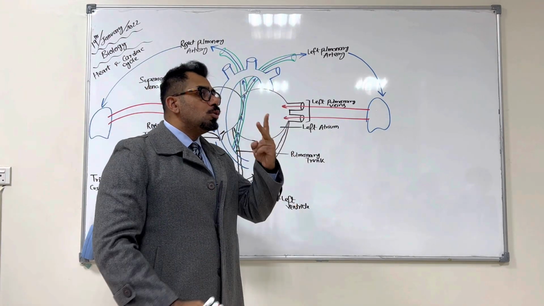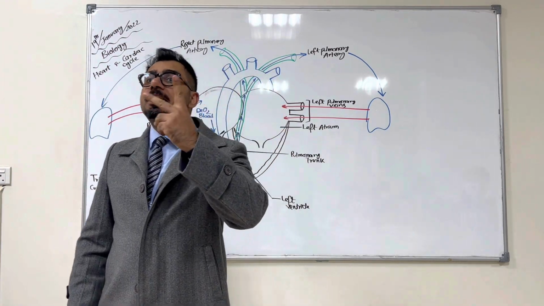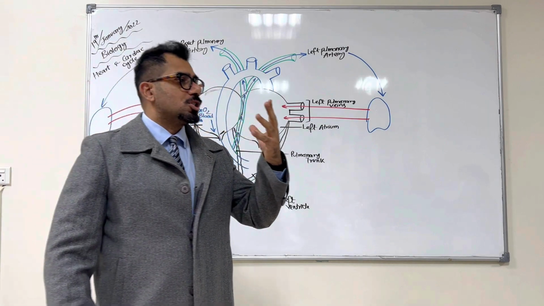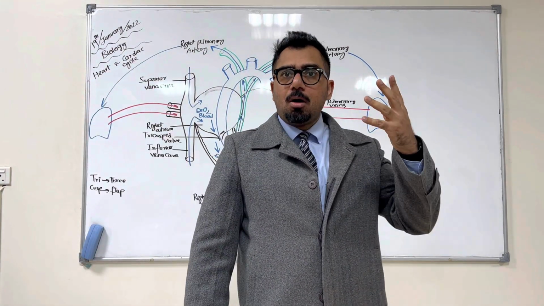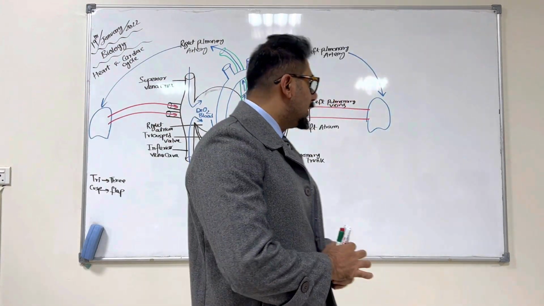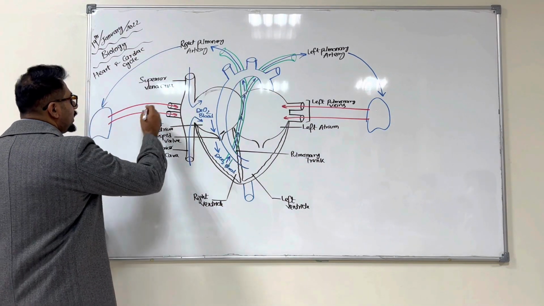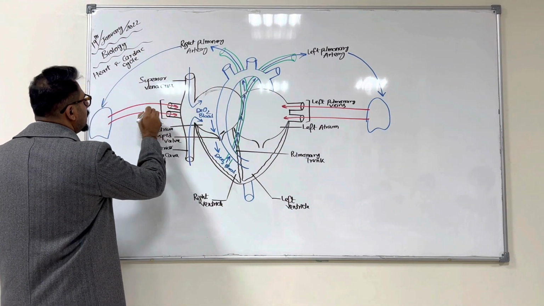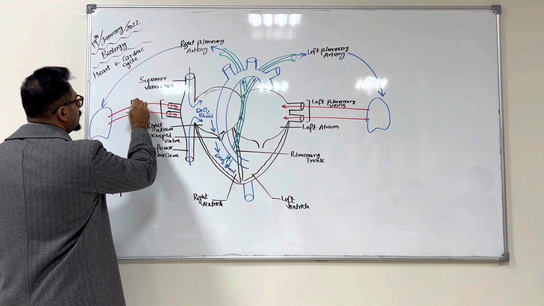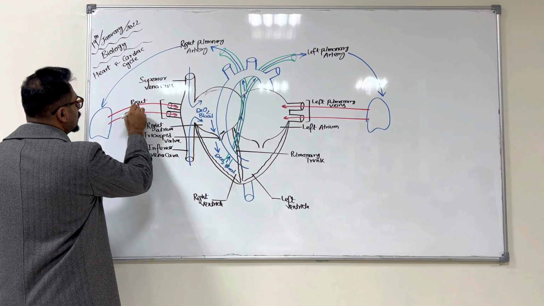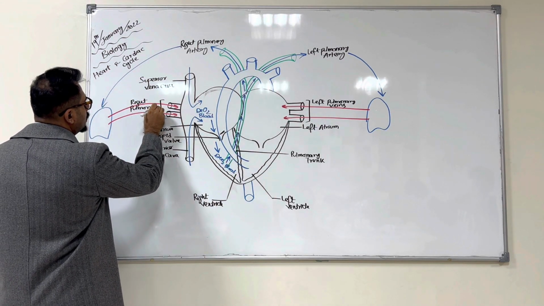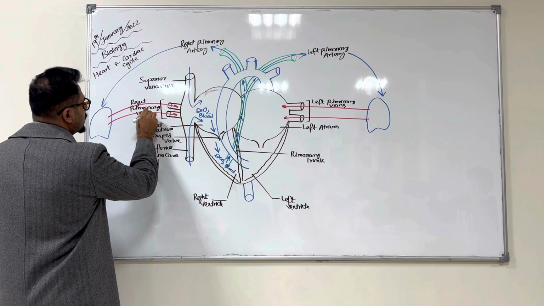Same, 2 blood vessels come out from each lung, which have oxygenated blood. Right? So this one over here, these 2 blood vessels, they are called the right pulmonary veins.